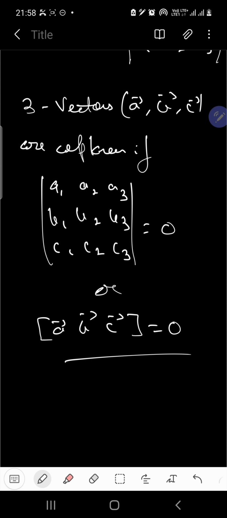Clear? Their box product equals 0. Got it? This is the condition for coplanarity. Now we talk about some properties of scalar triple product.